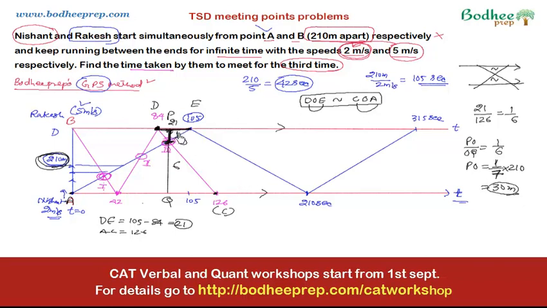So the time taken for him to cover the distance PO would be 30 meter divided by his speed. His speed is 5 meter per second, which comes out to be 6 seconds. That means after 84 seconds, 6 seconds more he took to meet for the third time. So the third meeting happens after 84 plus 6, that is 90 seconds from the beginning, and that is the answer for this question.